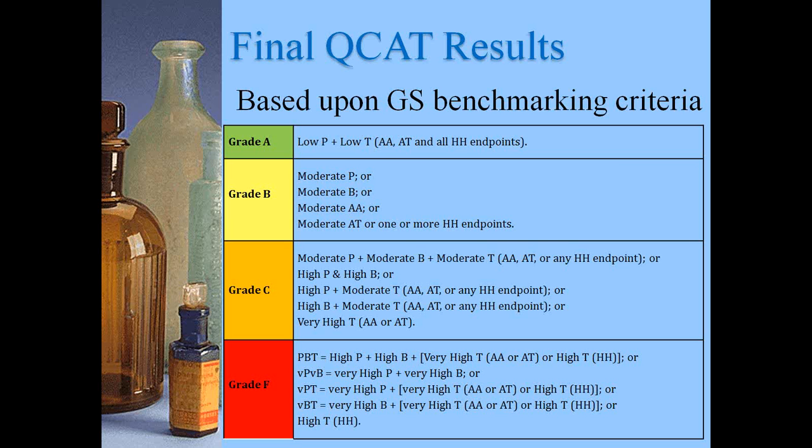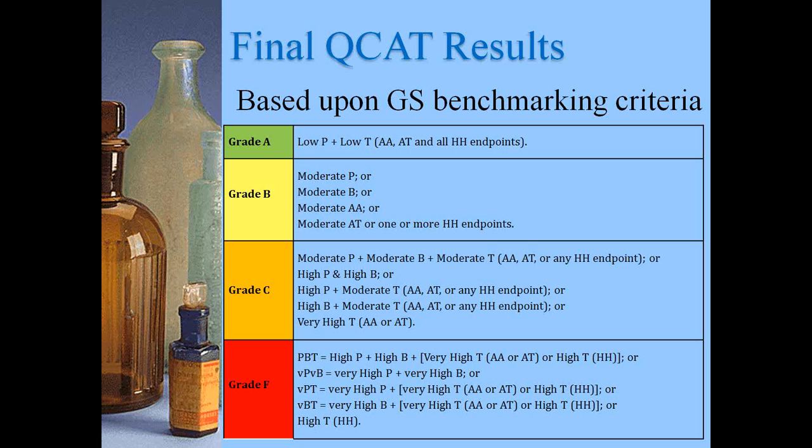Does it have very high toxicity for acute aquatic or acute mammalian toxicity, or high for the human health criteria? If it has all of those, if it's high B, high P, and meets one of those human health criteria, it's a PBT, therefore it's automatically a grade F. So you only have to meet one of these 5 criteria. You don't have to meet them all, you only have to meet one of them in order for it to be a grade F chemical.